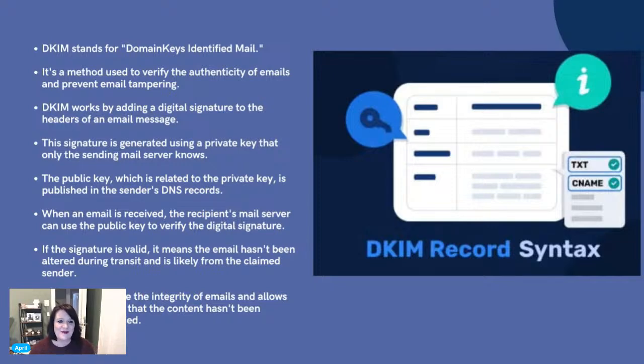DKIM records are basically a digital signature that you have followed the rules and you're doing the right thing. When an email is received, the recipient's mail server can use the public key that comes from that DKIM authenticity to verify who you are. And if it's not valid, then it's going to get bounced at the end of the day.